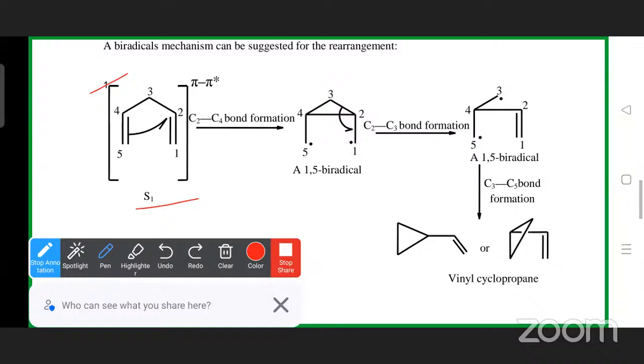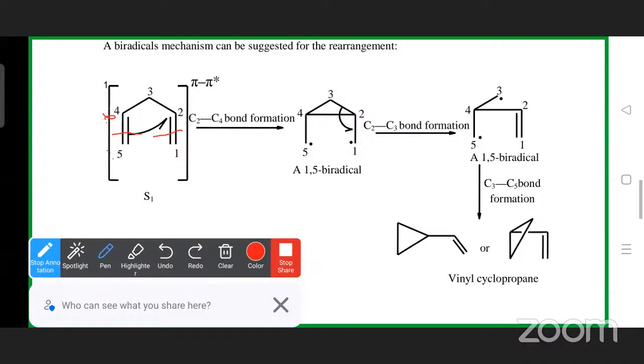At the pi to pi star singlet state, this bond undergoes homolytic cleavage and forms radicals. This one is also undergoing homolytic cleavage. So it leads to the formation of four radicals.